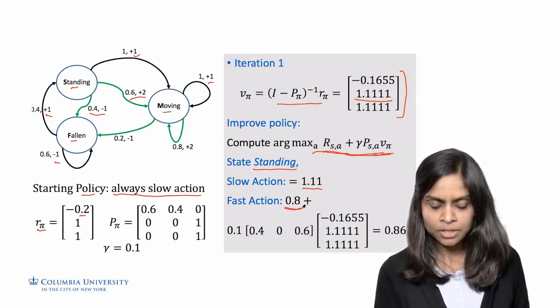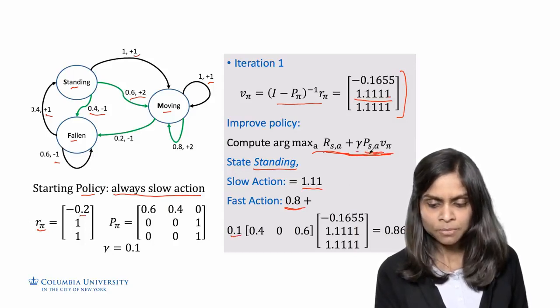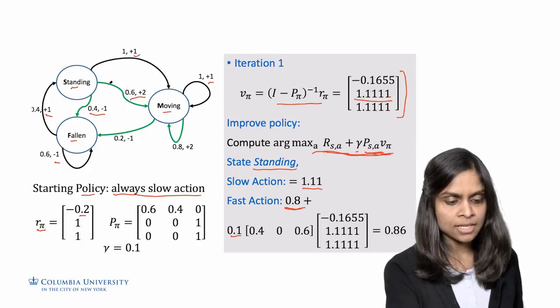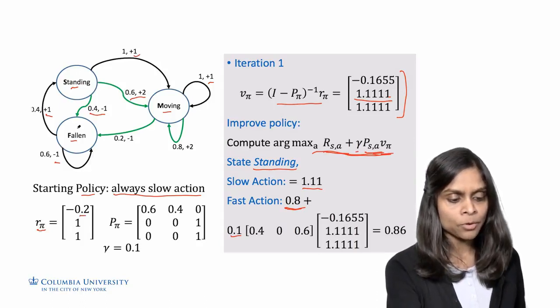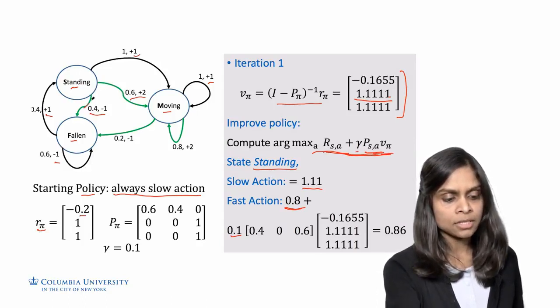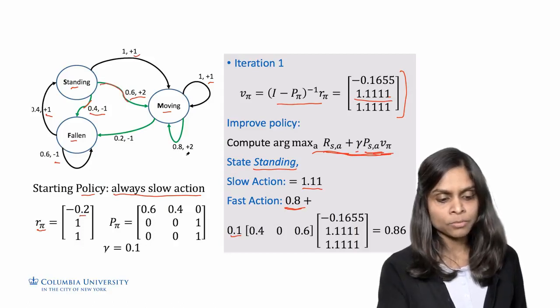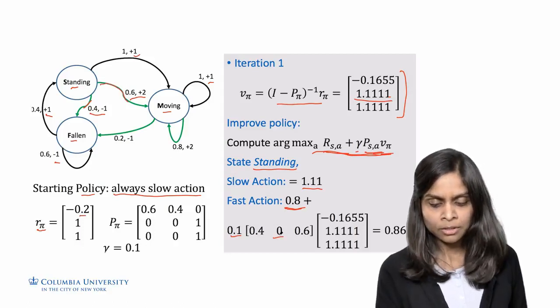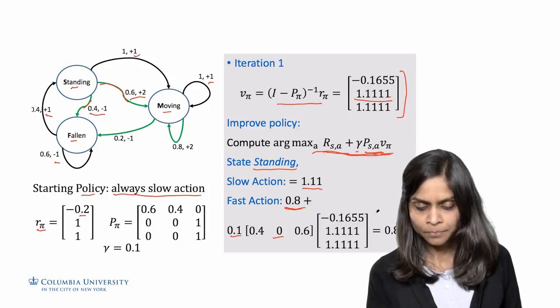and that's 0.8. Gamma is 0.1. The transition probability for the fast action in standing state is 0.4 probability of going to the fallen state, 0.6 probability of going to the moving state, and no probability of going to the standing state.